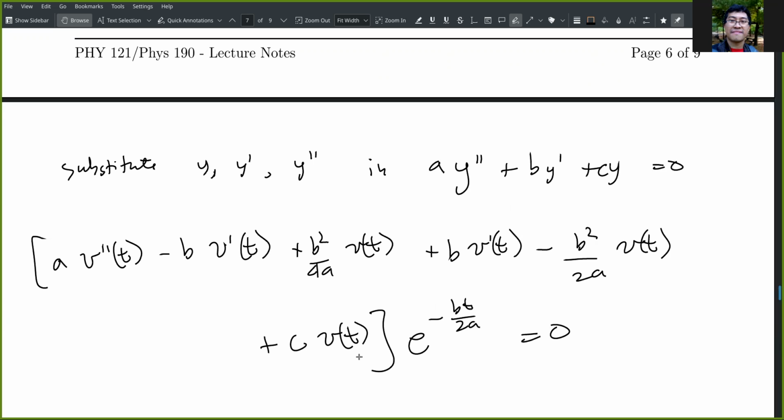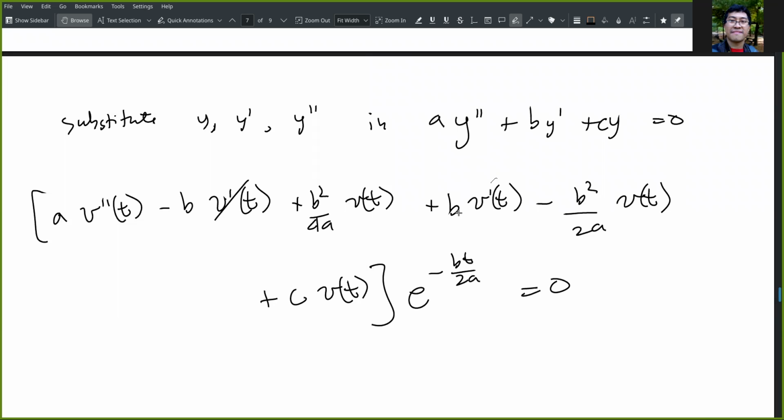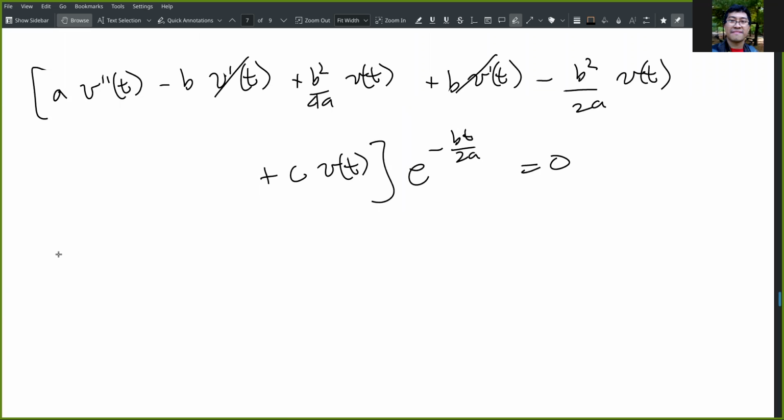Here, e to the minus bt over 2a is not 0, which means that this whole thing here should be 0. Also, this and this would cancel out. So we can write a v double prime t minus b squared over 4a v(t) plus c v(t) equals 0.